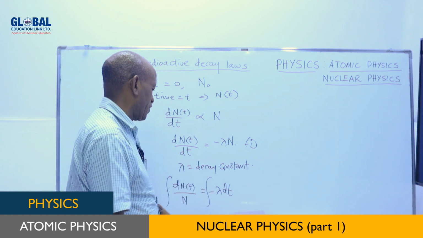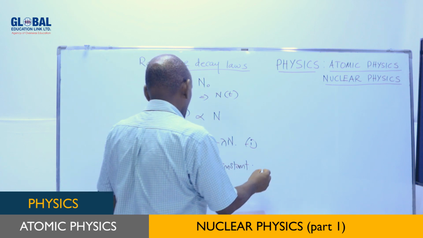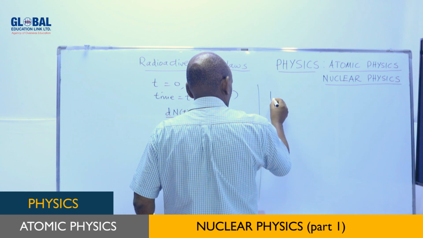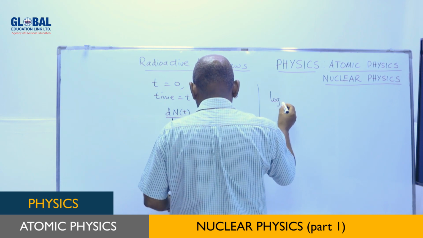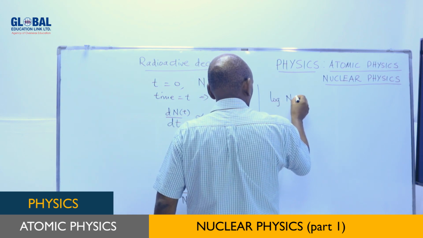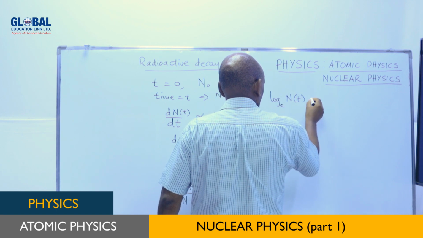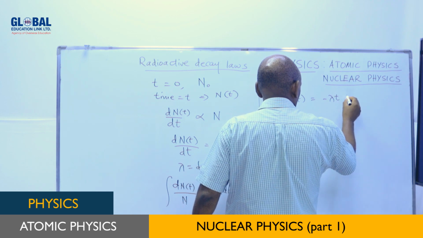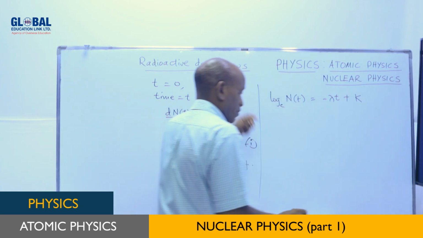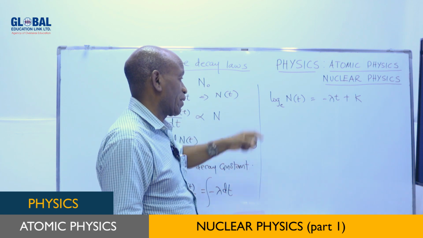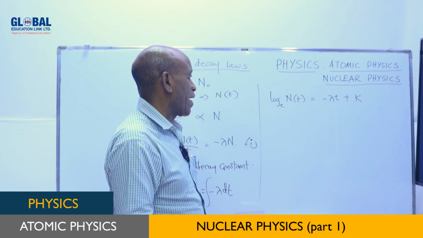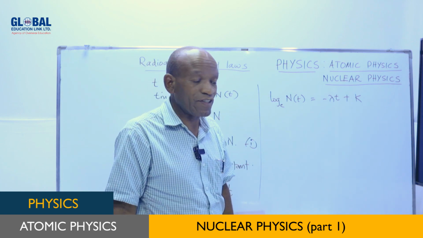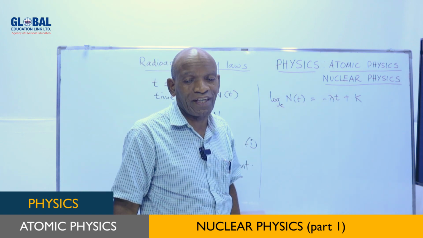The negative sign and lambda, which is a constant, can be taken outside, and then we have the logarithm to base e of N_t equal to minus lambda t plus a constant of integration k. Our interest is to determine the constant of integration k.